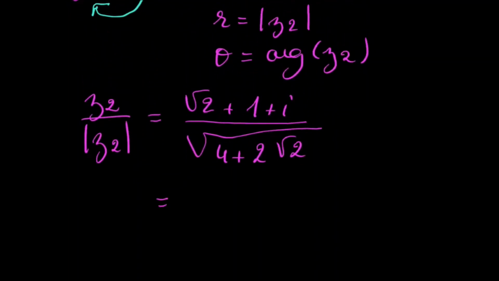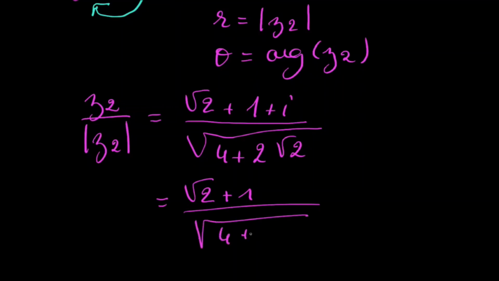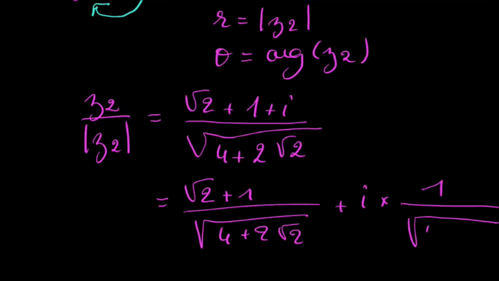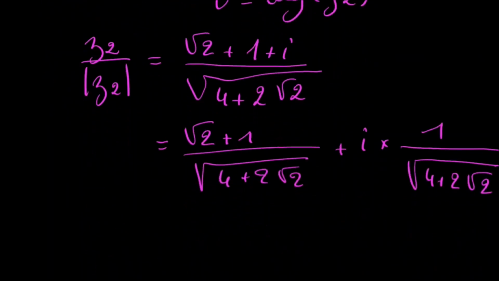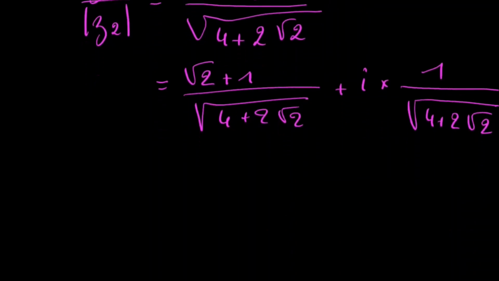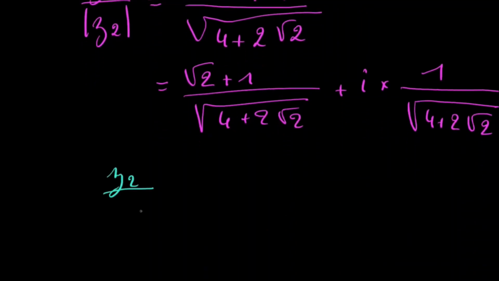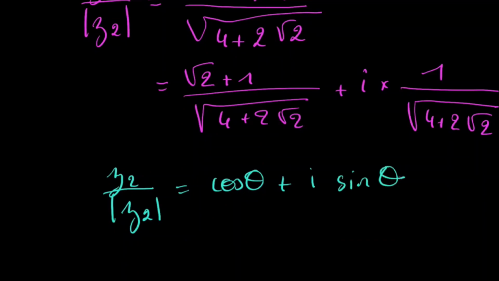And then we will separate the real and imaginary part. So we have the square root of 2 plus 1 divided by root 4 plus 2 root 2, plus i multiplied by 1 over root of 4 plus 2 root 2. Because we had this formula, we also have that z2 divided by the modulus of z2 equals cos theta plus i sin theta.